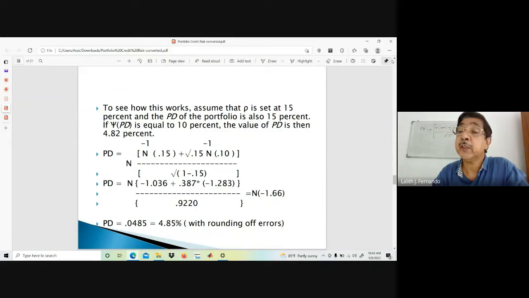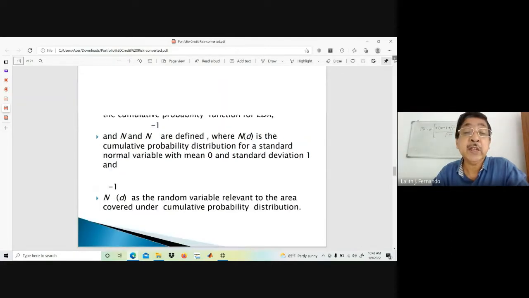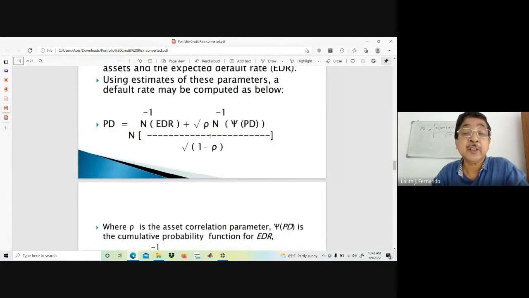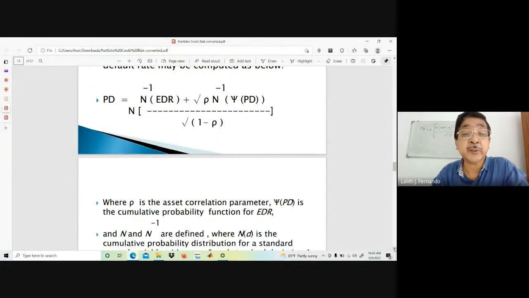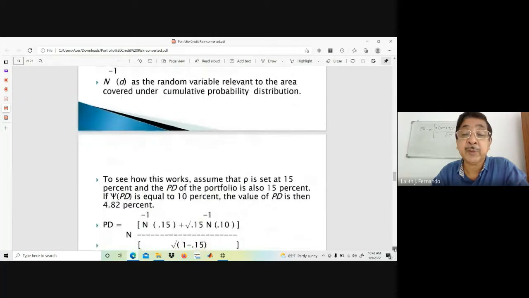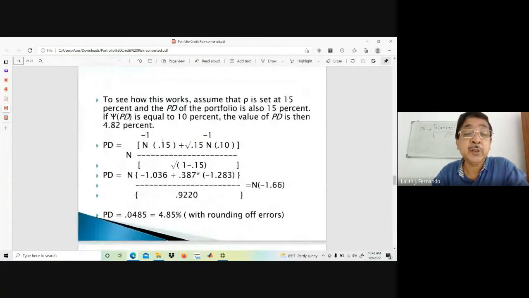Now when you say the EDR, expected default frequency, even though this is given as PD, it is expected default frequency. Now this is 15%, so we can put in place of this 0.15. And even the rho is also 15%, so that is square root of 0.15.